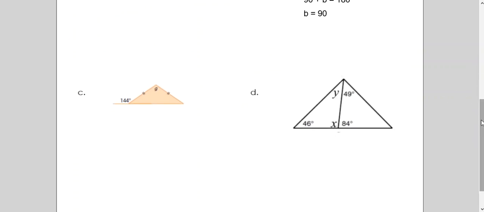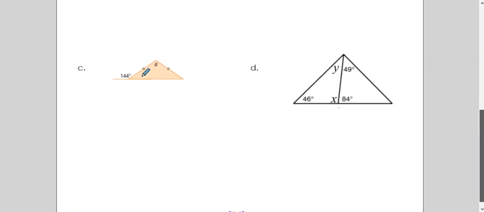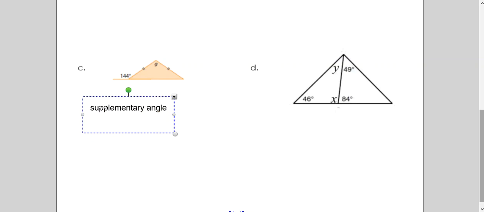Oh, now interesting. All right, C. Let's see what we got here. Well, in C here, we have a supplementary angle. And sometimes it helps to give another letter that if we need to, we can figure that out.